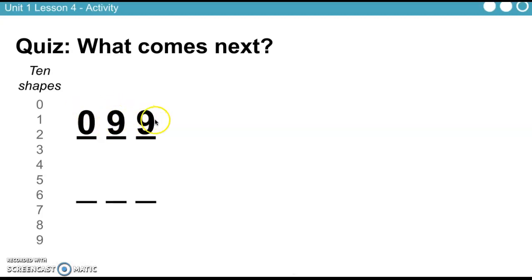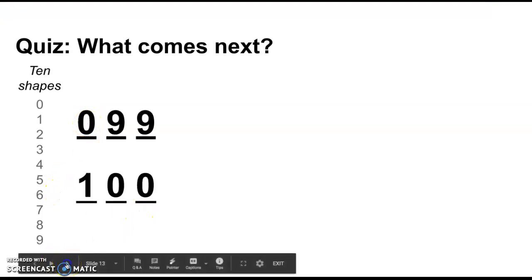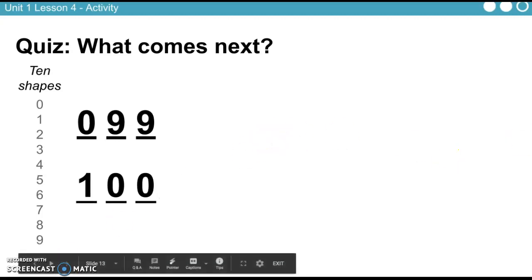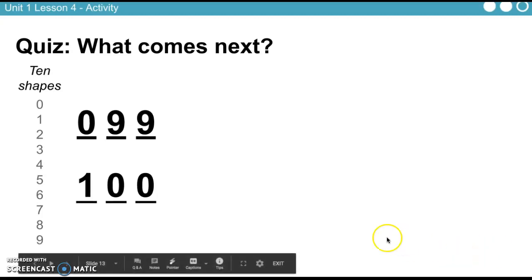These will become both zeros, and this becomes a 1, as we know, right? And then we know that the 100 comes next. When we run up to the last shape at 9, we roll over back to 0 and add 1 in the next place to the left. This is the place value that we've used all our lives and we're most familiar with.